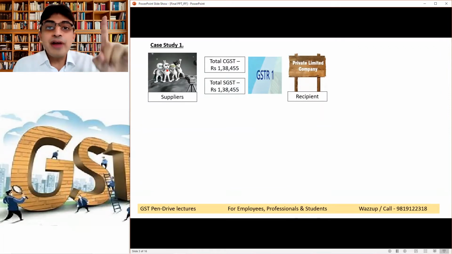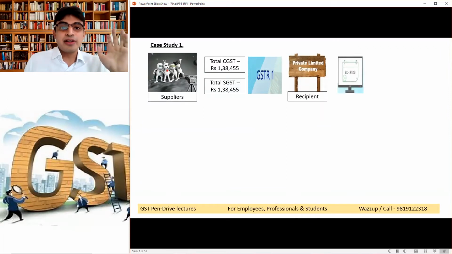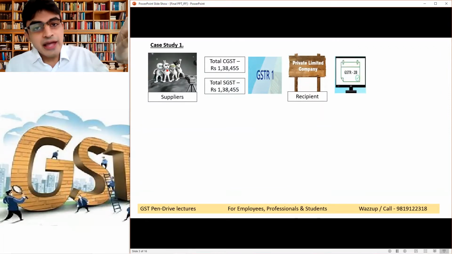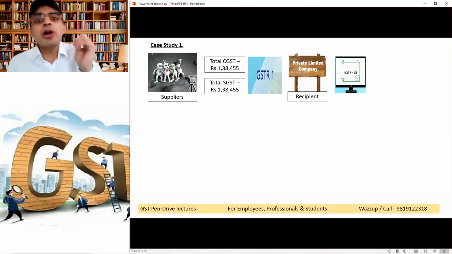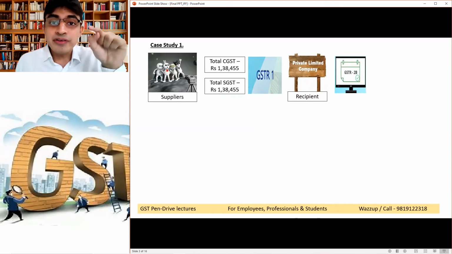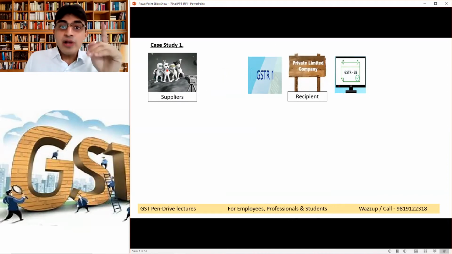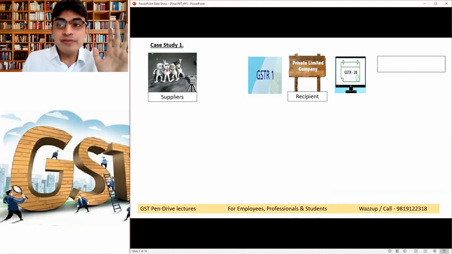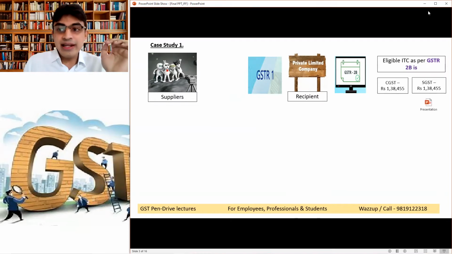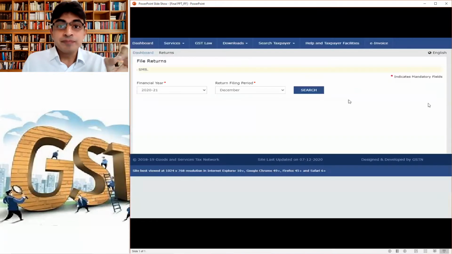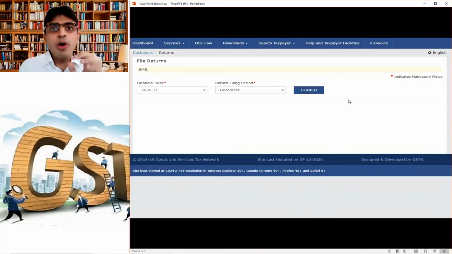Now the suppliers file which return? GSTR1. And through the suppliers' GSTR1, ITC details got auto-populated in the recipient's GSTR2B. So eligible ITC as per 2B will be 1,38,455 and 1,38,455. This company can check whether it is correctly auto-populated in its 2B or not.